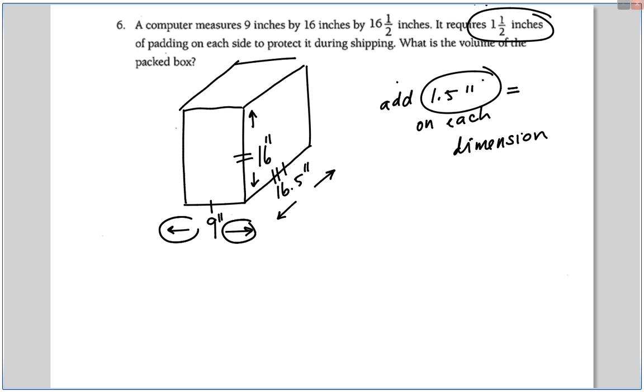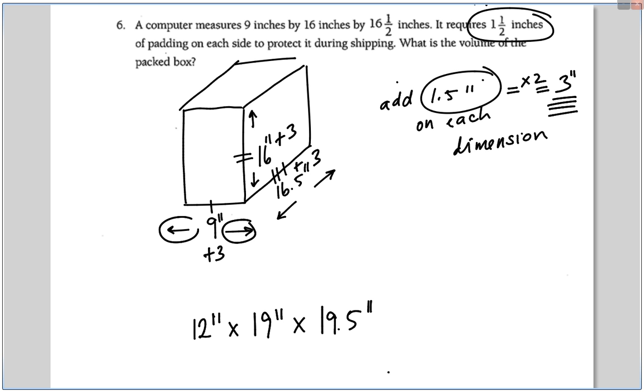So that's 3 inches you'd have to add on every time. So plus 3, now it's 12 inches. Plus 3, and plus 3. So now it's the following dimensions. Now we just need to multiply those to get the volume. So 12 times 19 times 19.5, 4,446 cubic inches.